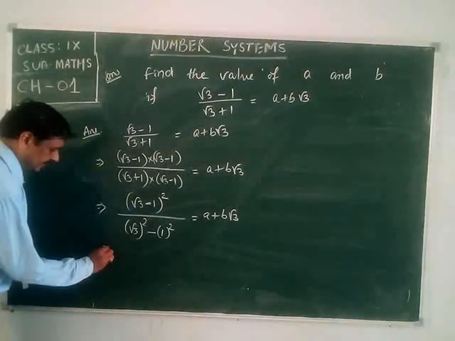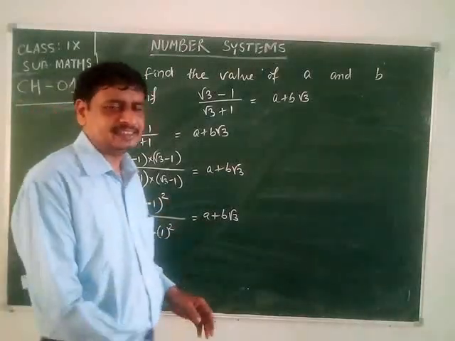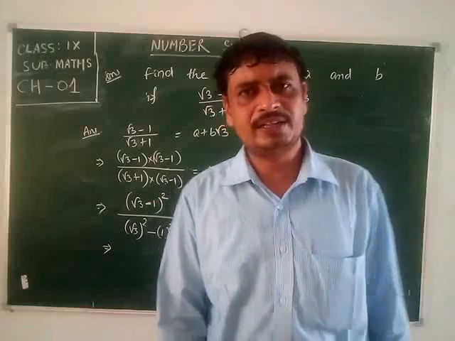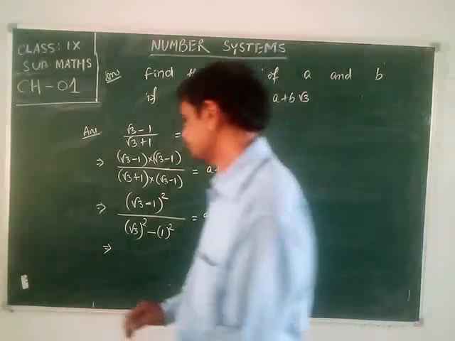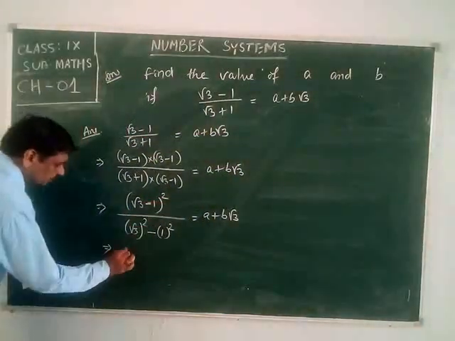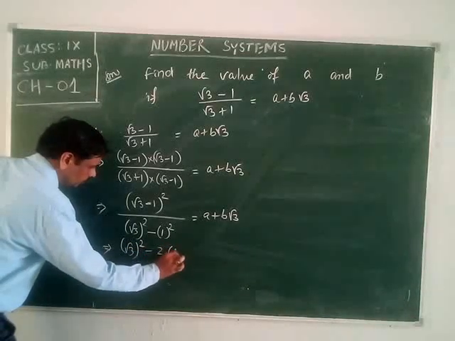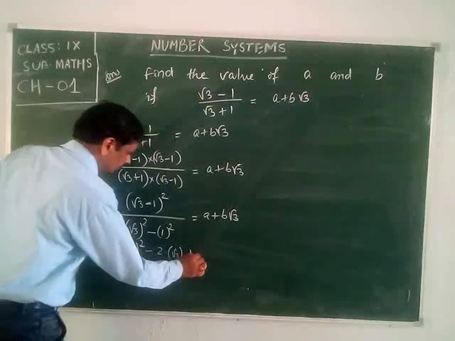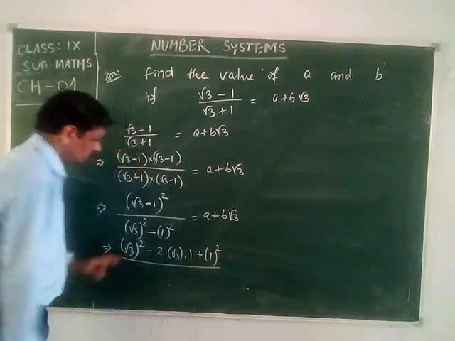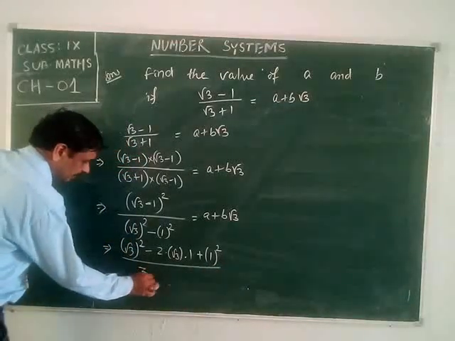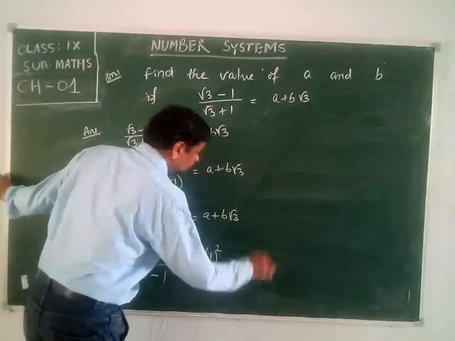Now, root 3 minus 1 whole square is in the identity A minus B whole square, which equals A square minus 2AB plus B square. Here, root 3 square minus 2 into root 3 into 1 plus 1 square, over root 3 square is 3 minus 1 square is 1, which equals A plus B root 3.